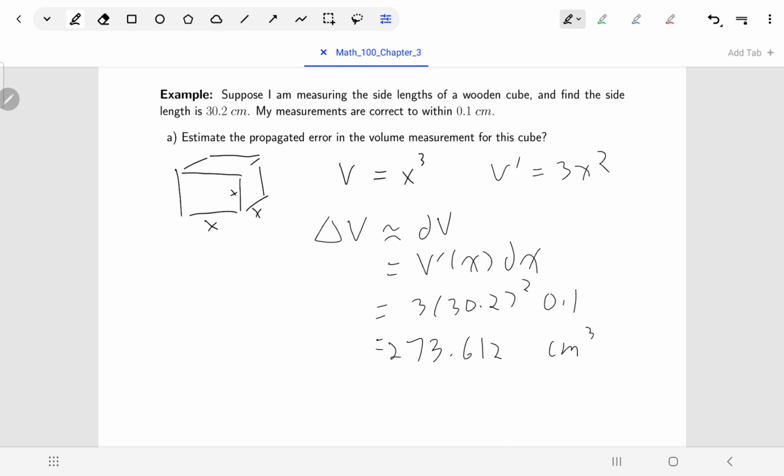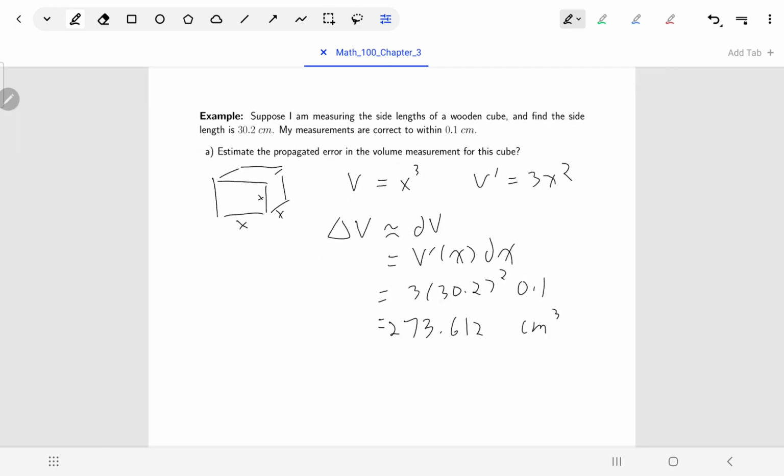So in other words, if my side length is off by up to 0.1 centimeters, then my volume will be incorrect to as much as 273-ish cubic centimeters off.